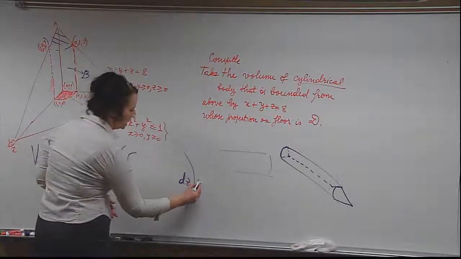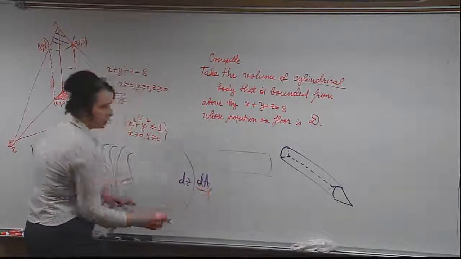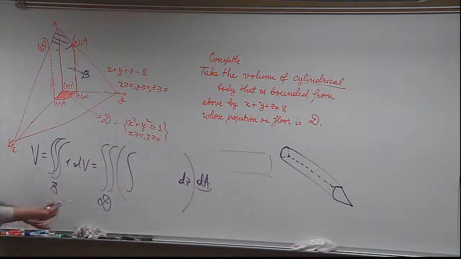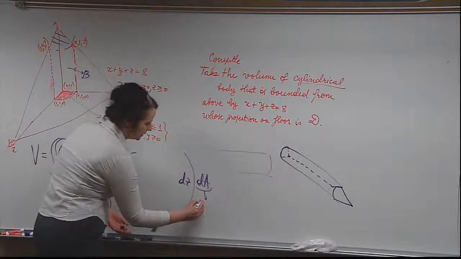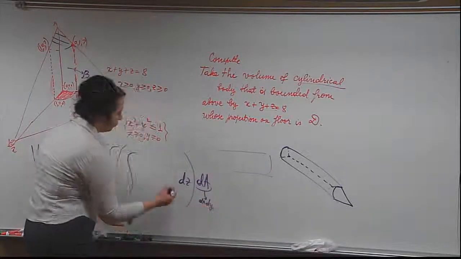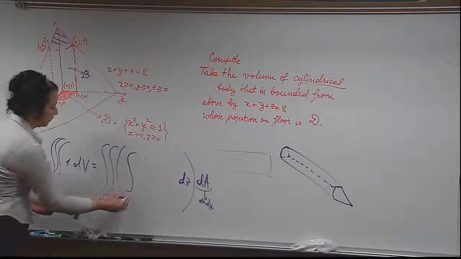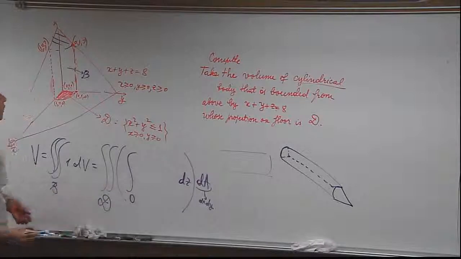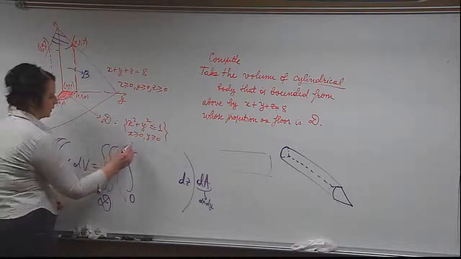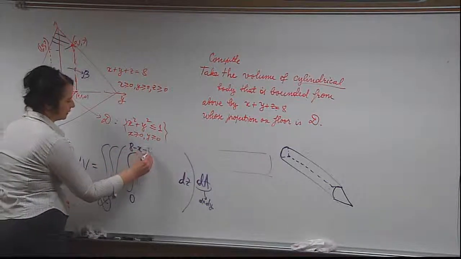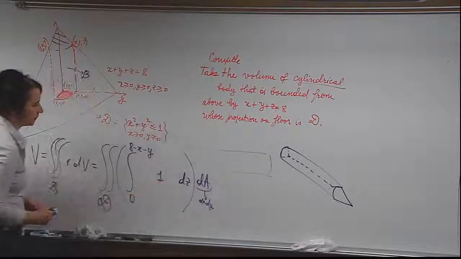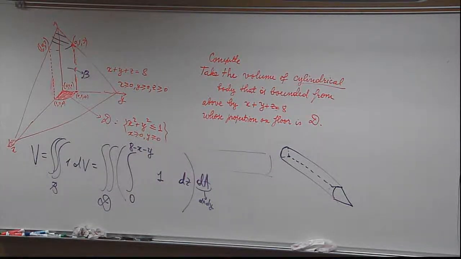You guys, x and y, are bound together, married in the elemental area, dx dy. But I am independent from you, I'm z. So I'm going all the way from the floor to 8 minus x minus y. This is the way to do it as a triple integral.